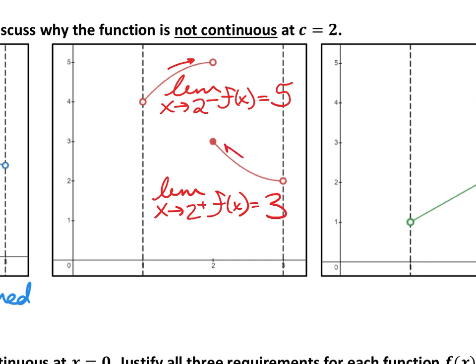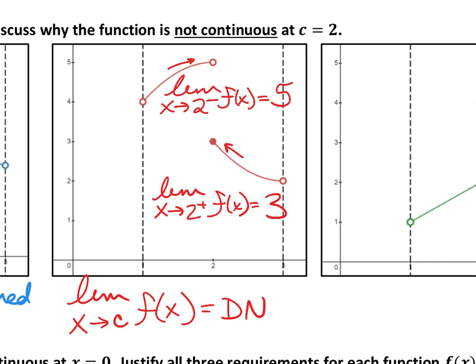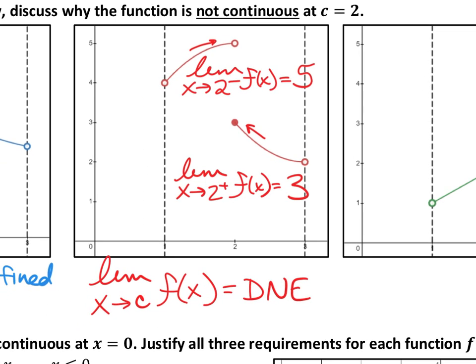No. So even though f of 2 exists, the limit itself does not exist. So requirement number 2 is broken for this graph. It's defined, but its limit does not exist. Again, we know it's defined because there's a closed-in dot. That's what we're looking for at the point 2, for there to be a closed-in dot.